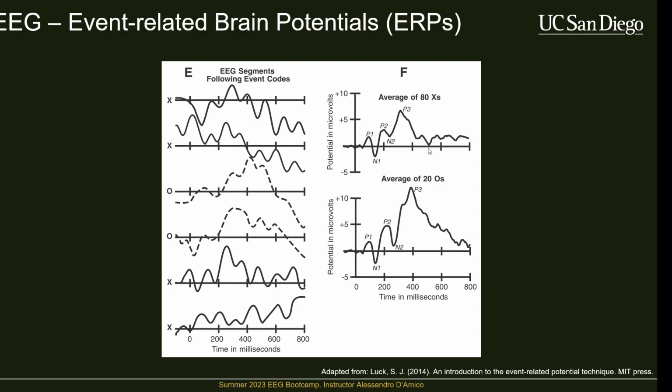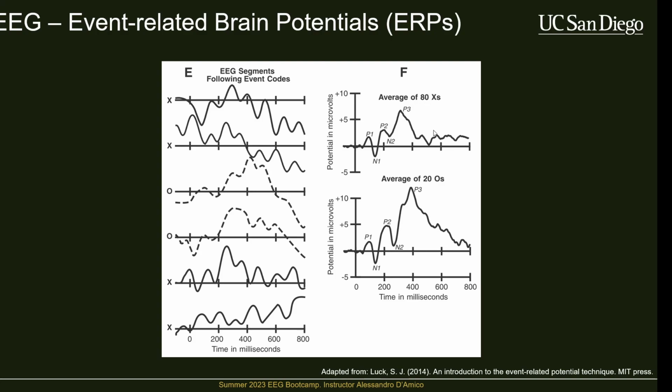I can't just call this an N575, right? Even though I've averaged over tons of trials, I'm seeing this. So an ERP component is not these peaks and troughs, but one of the characteristics of these components are these types of forms and shapes.